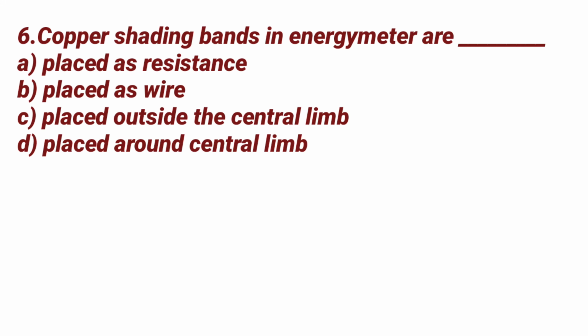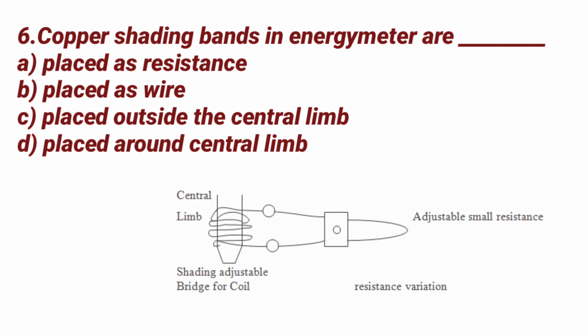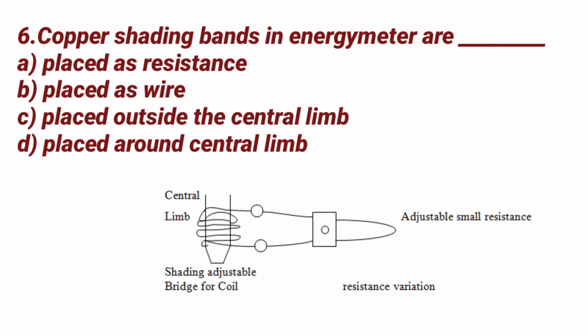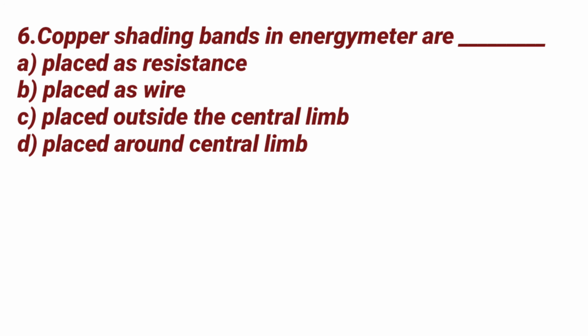The shading coil consists of a few fairly thick turns on the central limb of the shunt magnet of the energy meter. The figure shows a shading coil on the central limb of the shunt magnet. Hence, the copper shading bands are placed around the central limb. Hence, D is the answer.